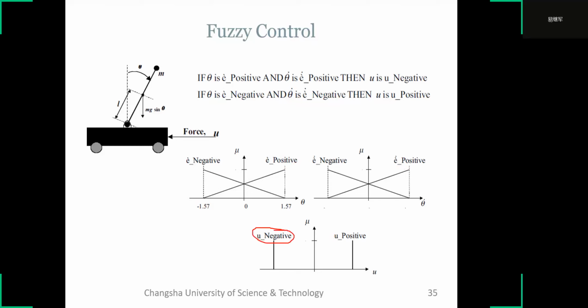If theta is negative and theta dot is negative, then U is positive.